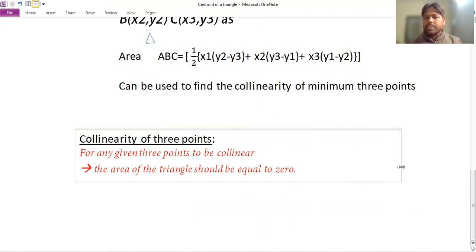If the area of the triangle equals 0, if we are finding the area of the triangle and that area is equated to 0, then we can say that all these 3 points are collinear to each other. Or else if we get any value except 0, the 3 points will definitely not be collinear in nature.